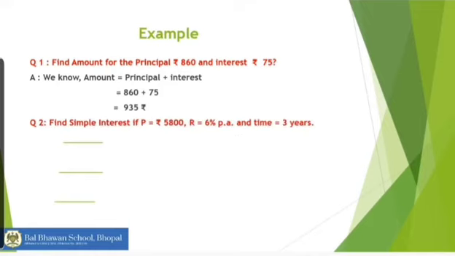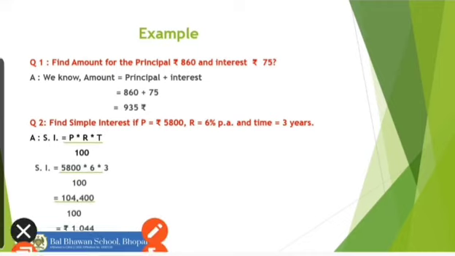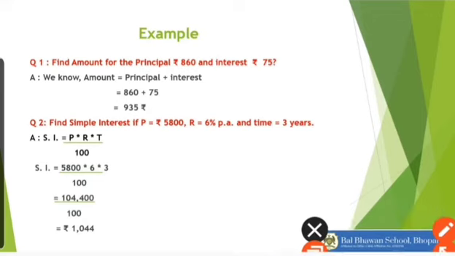My second example is: find simple interest if principal is 5,800, rate is 6% and time is 3 years. Now as we studied, the formula is SI equals P into R into T upon 100. So we will substitute the values over here: 5800 into 6 into 3 upon 100. Children, either you can multiply or you can cancel.